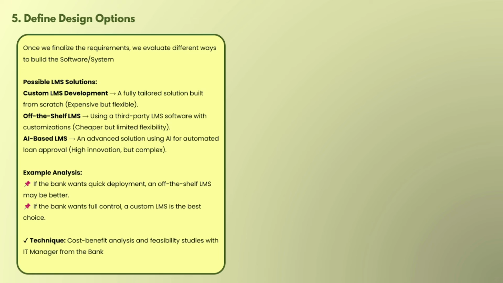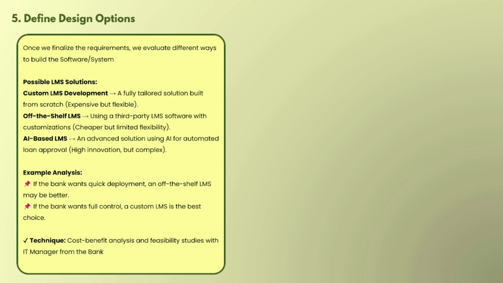Next is the AI-based loan management system. This is a smart version of the system that uses AI to automate things like loan approvals. It is cutting edge and can really speed things up, but it's more complex to build and manage as well. These are a few probable solutions we suggest to the bank, and it's up to the bank which technique they want to pick.